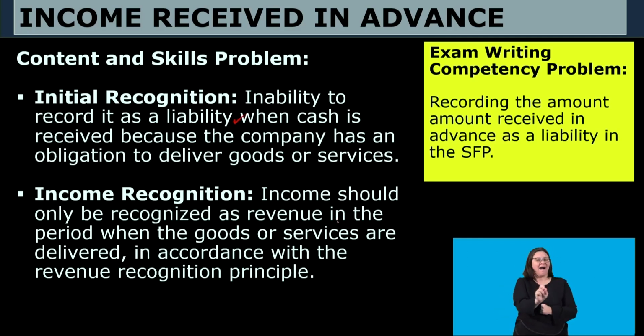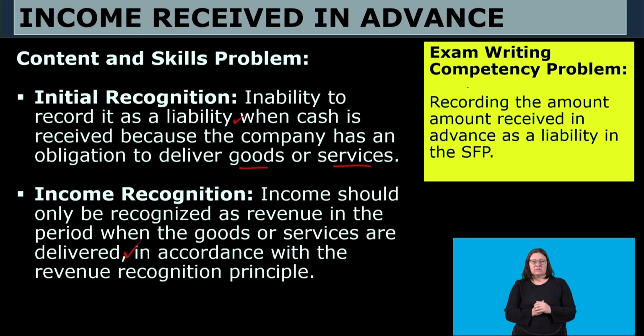But don't forget, the moment you receive income in advance, you have not yet given the service or the goods, so it becomes a liability when cash is received, because the company has an obligation to deliver the goods or the services. Now, you should be able to understand as well that income should only be recognized as revenue in the period when the goods or services are delivered.